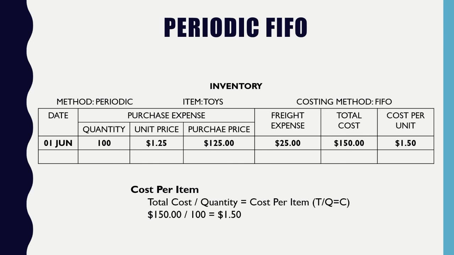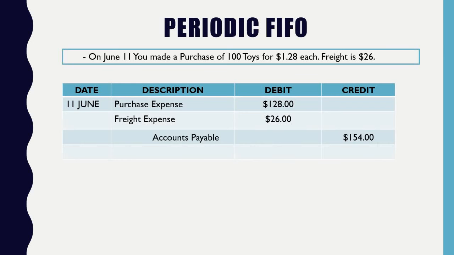Now we're going to take a look at the second batch that we purchased, which is the purchase on June 11th for 100 toys at $1.28 with a freight of 26, giving you a total of 154.